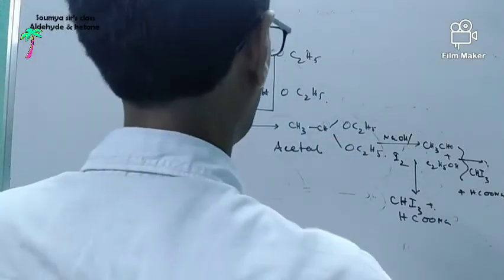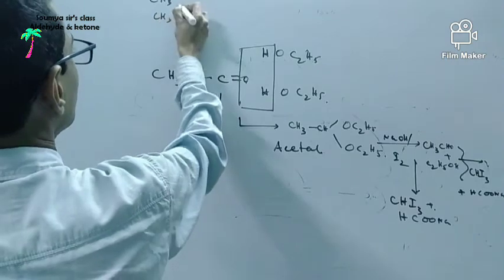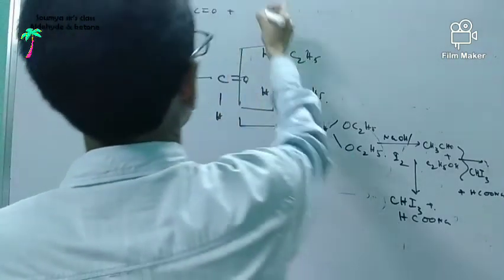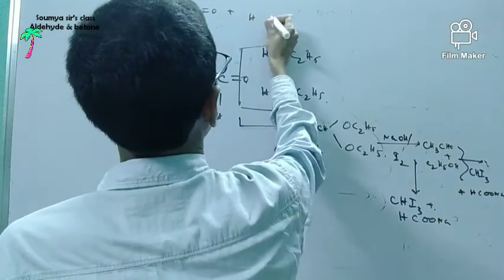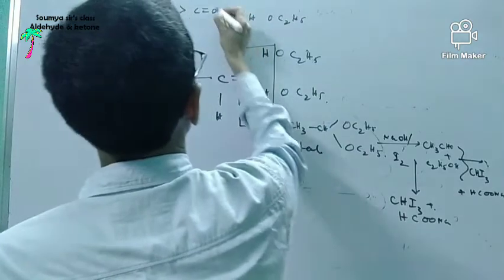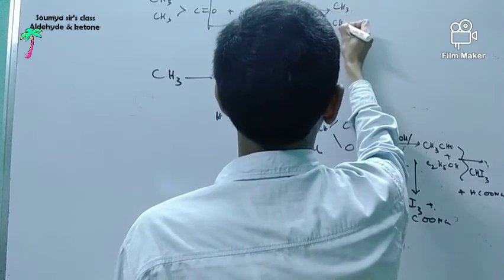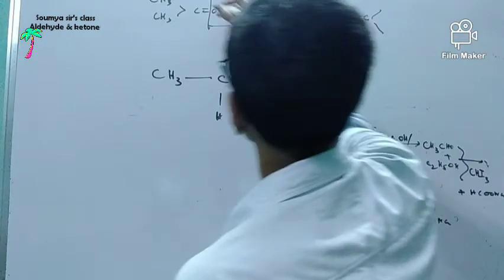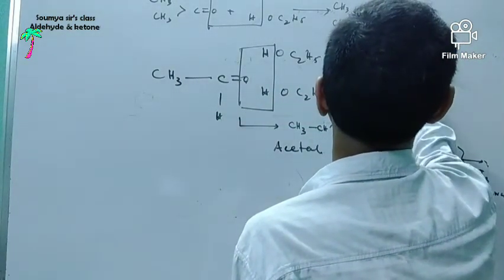So this is called acetal. In case of ketone, like this is acetone, it is reacting with alcohol, like ethyl alcohol, to form ketal. At first it was acetal, then it was ketal. The CH3 part remains unchanged, but the two bonds will hold OC2H5 and OC2H5.